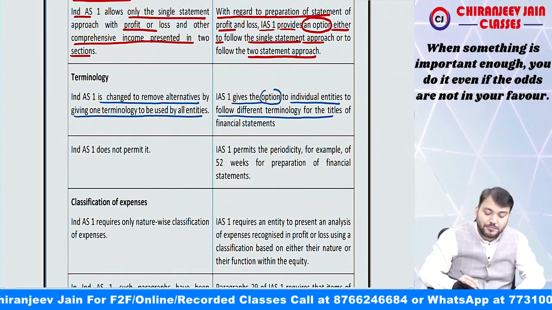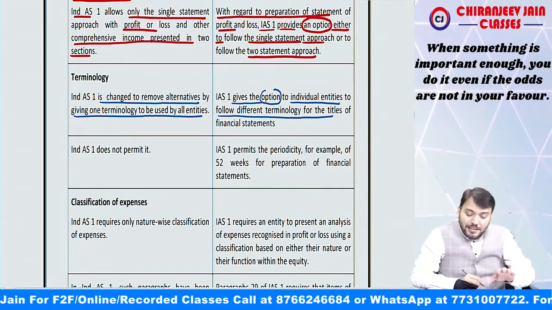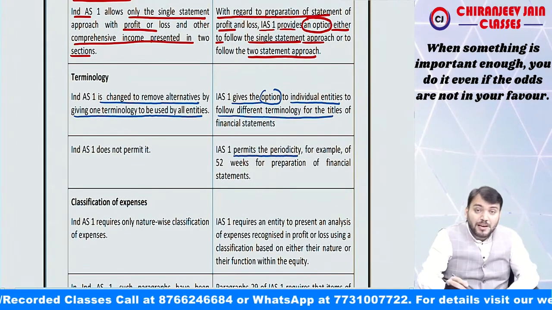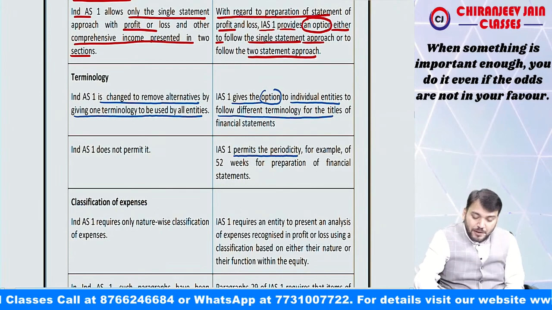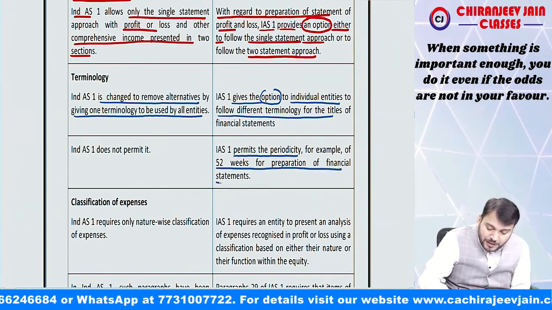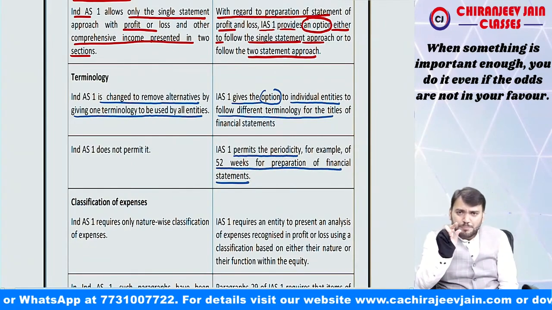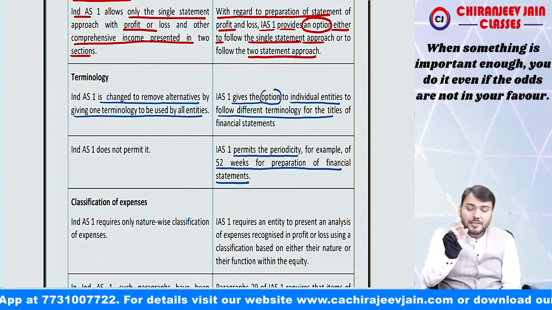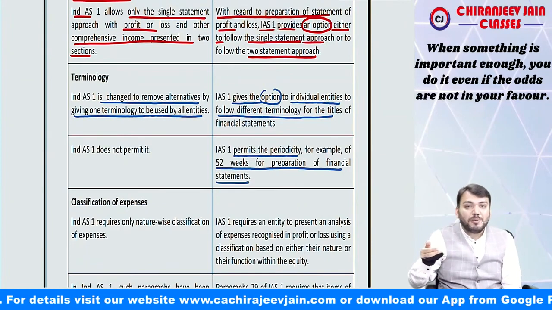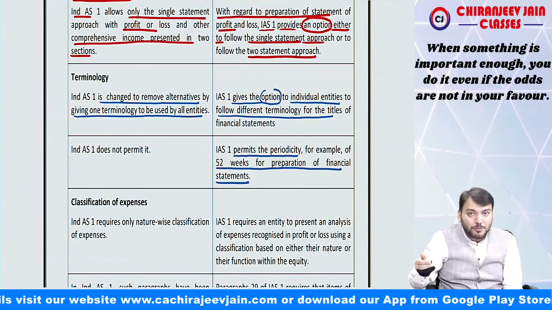Come to point number 3. Now under IAS 1, periodicity. For example, they have said 52 weeks for preparation of financial statements. So they have given a periodicity limit that after every 52 weeks financial statements should be prepared.